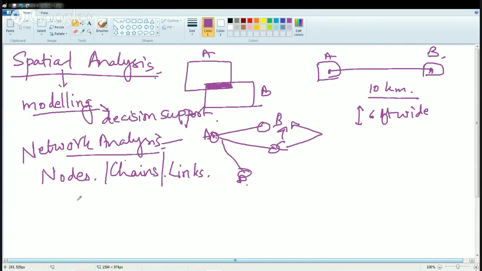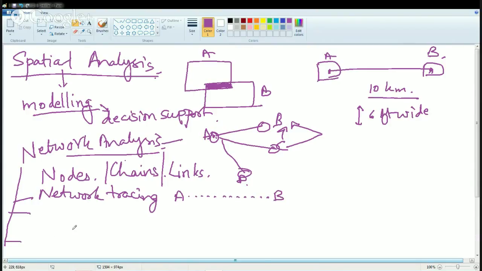Based on these three concepts, network analysis has again three elements. First is network tracing. What happens in network tracing? There is a particular path. For example, A to B, I am tracing this path. That is network tracing. Then there is network routing. What does that mean?